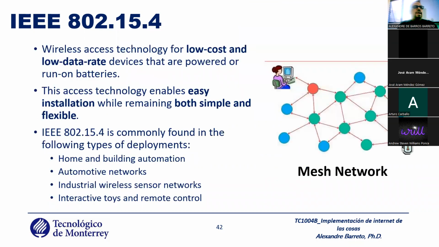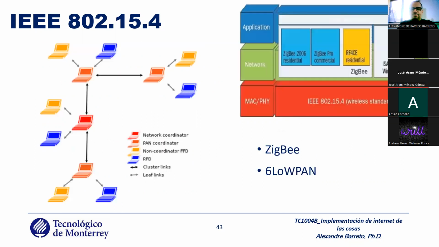If you see here, you have a mesh, but the implementation of this technology is not exactly a mesh. You create something like a tree, okay? Do you remember trees? You already studied trees and forests in data structures, am I correct? Did you have a class about trees?